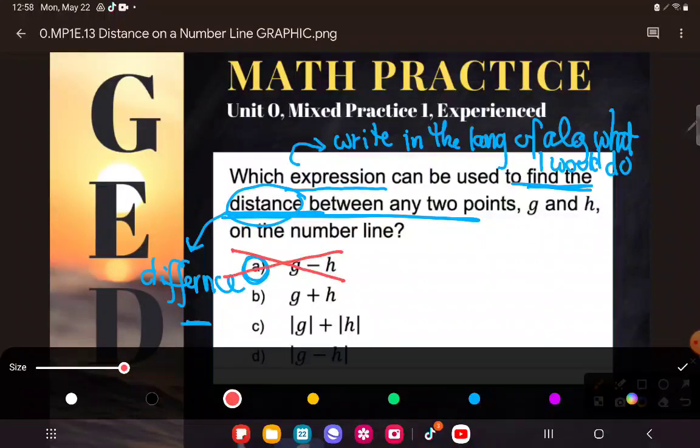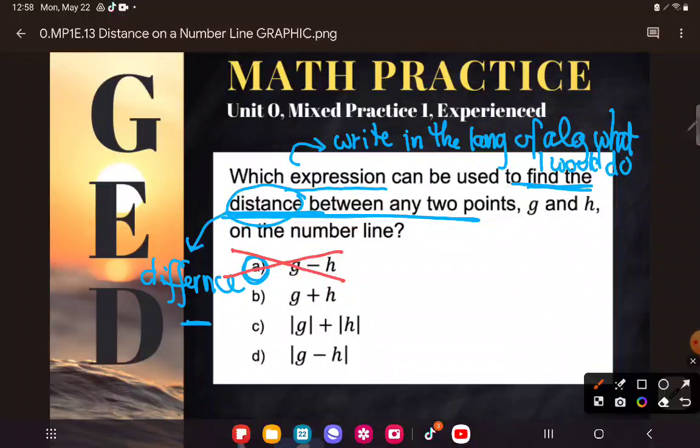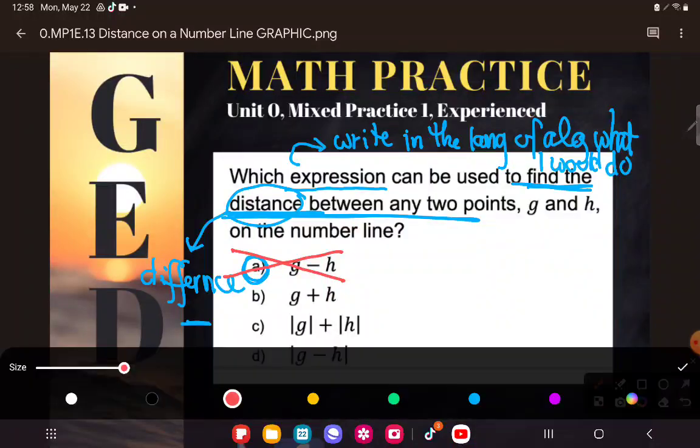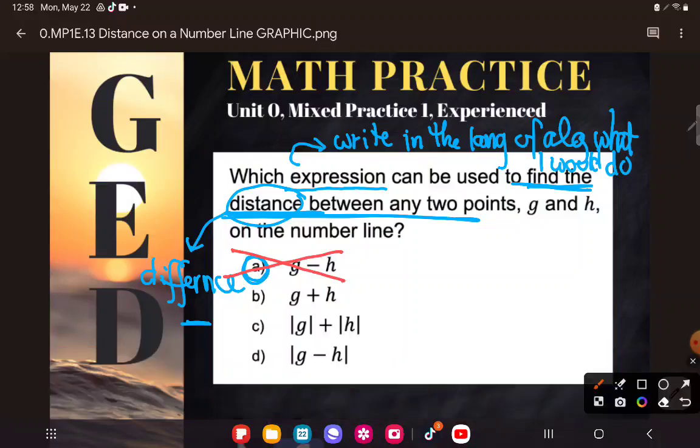No, wrong. There's a reason why, and that has to do with the fact that G and H are unknown to you. So I kind of agree that difference is subtraction. It does involve subtraction, but remember, it's more than just subtraction. Difference or distance is a measure of how far something went.